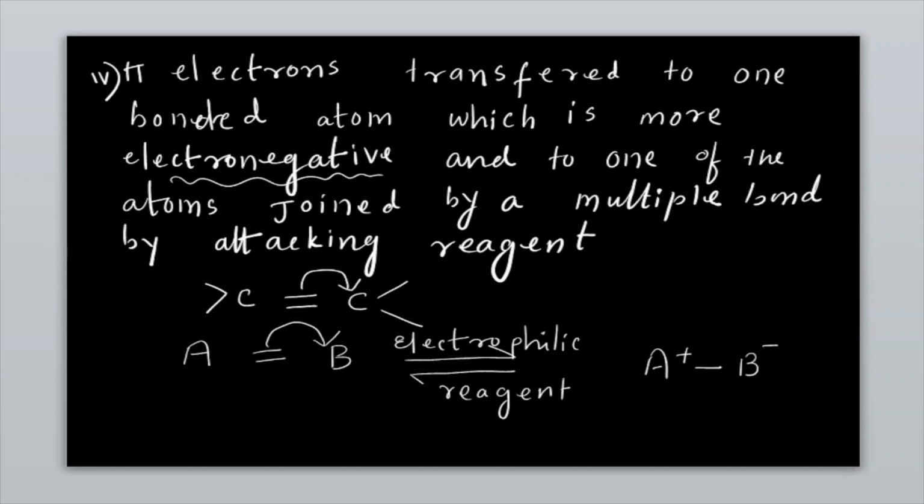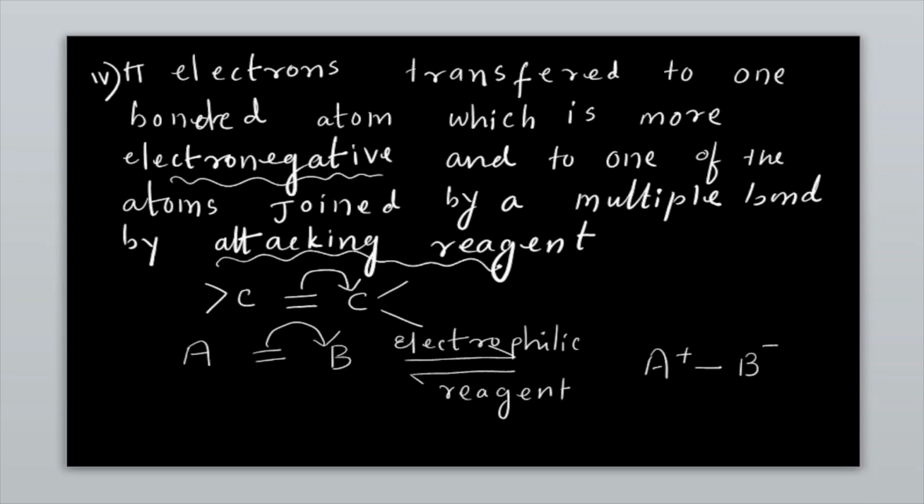Also, the multiple bond must be attacked by a reagent. So there are three conditions: the pi electrons are transferred from the less electronegative to the more electronegative atom, the bond is a multiple bond, and an attacking reagent is present.